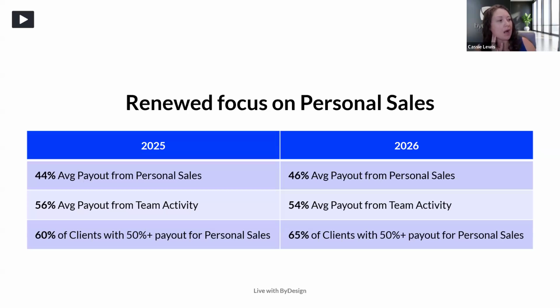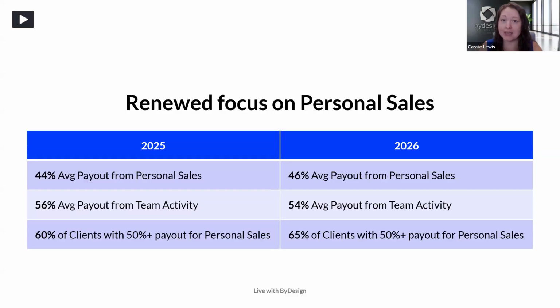1 year ago, across these 60 clients, 44% of the payout went for personal sales activities, 56 for team activity. That has shifted slightly. It's still primarily on the team building side, but there's been a 2% shift to the other side.